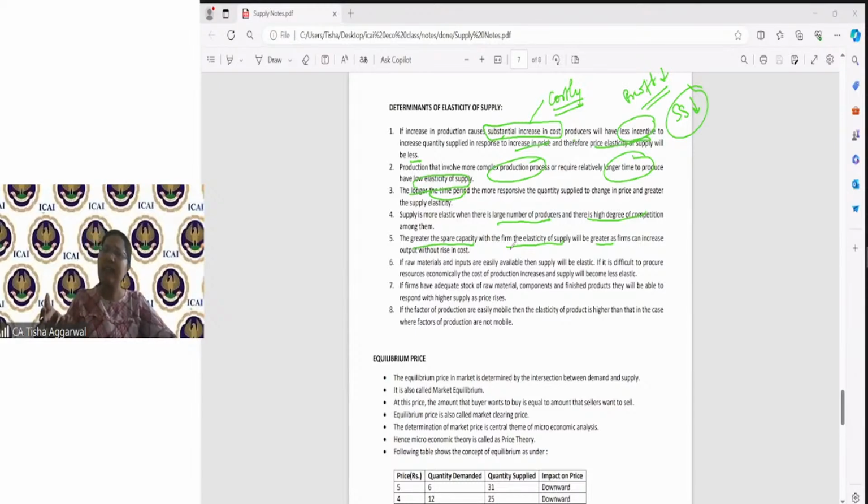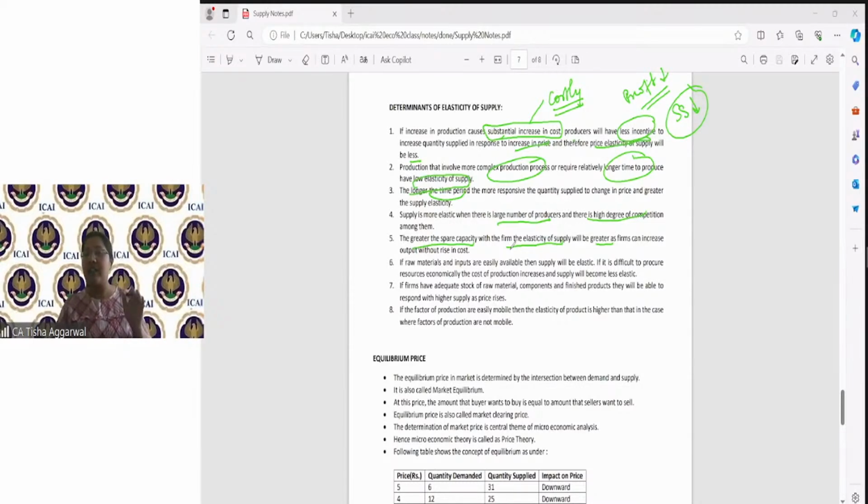If the raw material is easily available, go. Supply can be elastic. If the raw material is very scarce, people really do not get the raw material easily, then it will be a problem. If firms have an adequate stock of raw material, production can also take place very easily. If factors of production are easily mobile, you require it here, do it. If you want it at another place, you can shift it. In that case, also the supply will be high.